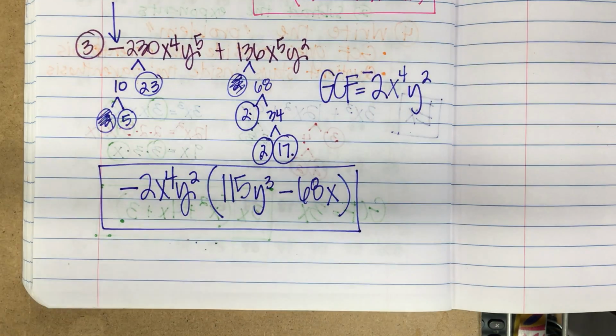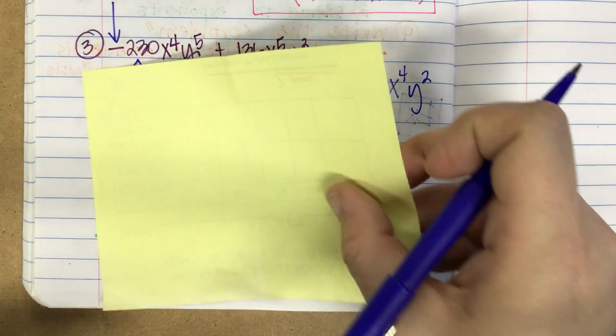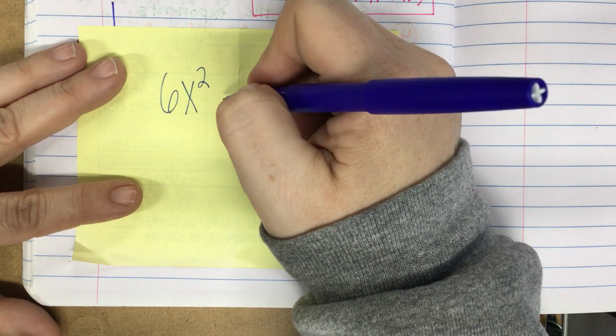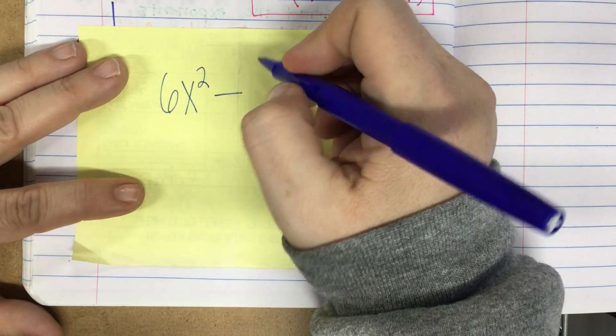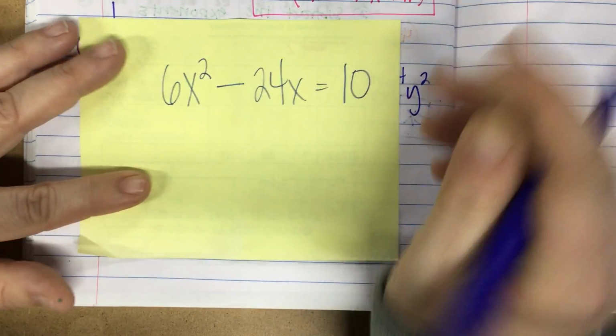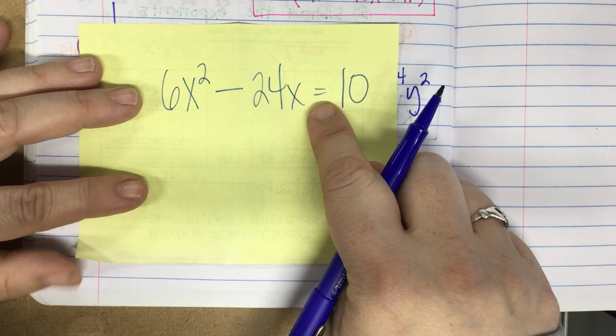We undistributed it. Now again, here's why. Eventually, we are going to have a problem that says 6x squared minus 24x equals 10. And since there's an equal sign, we're expected to find the answer, correct?